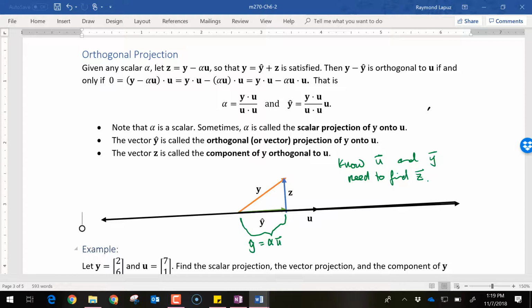And for you to find z, you actually need to find y hat first so that you can find z. So why is z important here, you think? It's perpendicular to the u vector. U and z are orthogonal.